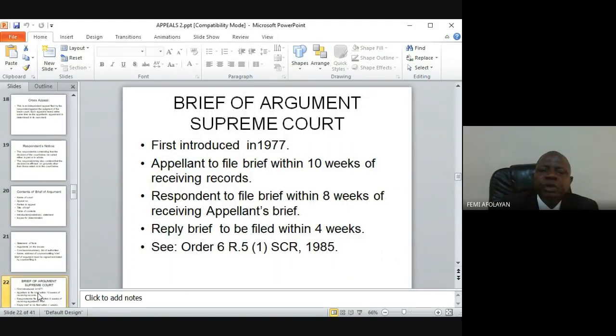Brief of argument at the Supreme Court. It was first introduced in 1977. The appellant is to file his brief within 10 weeks of receiving the records. The respondent is to file his own brief within 8 weeks of receiving the appellant's brief. The reply brief must be filed within 4 weeks of receiving the respondent's brief, if any. On this, see Order 6 Rule 5 of the Supreme Court rules.